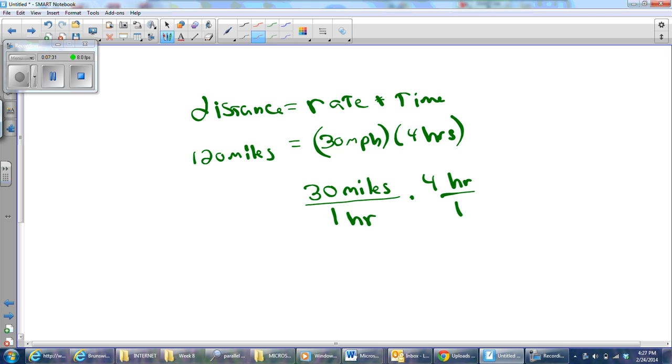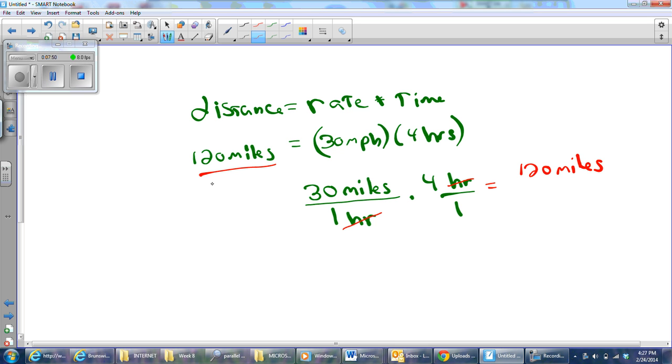Okay, the 30 times the 4 gives me the 120, right? But then there's hours divided by hours. See how they're in the numerator and denominator? The hours would cancel, leaving me with miles. And that's why my label is miles, mathematically speaking.